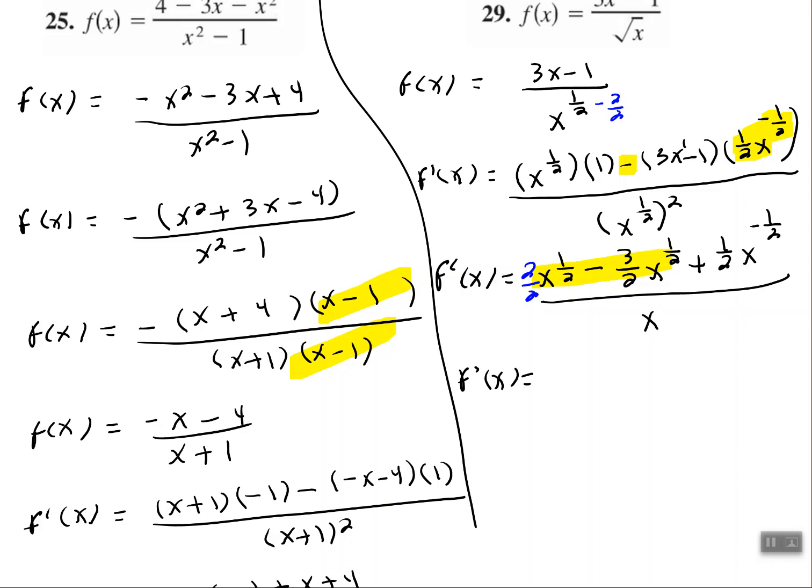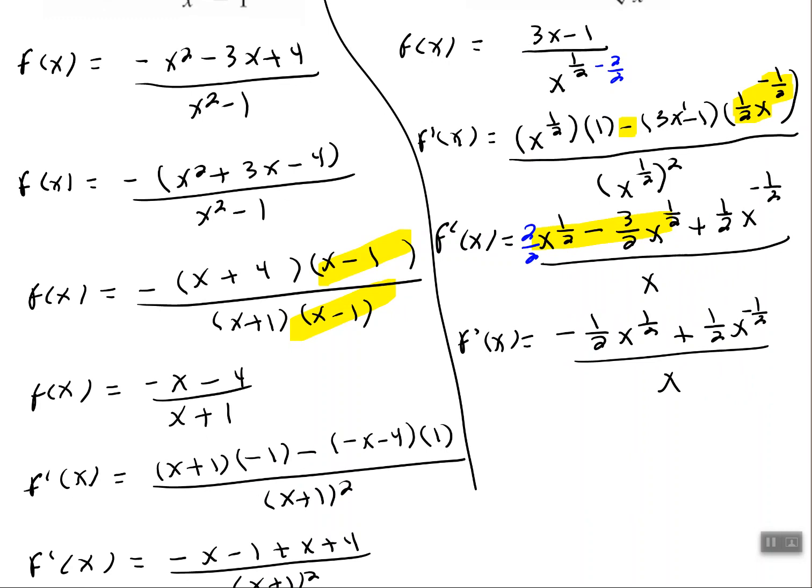So 2 over 2 minus 3 over 2 would give us negative 1/2 x to the 1/2 plus 1/2 x to the negative 1/2 all over x. How about we clear the fractions out of our numerator?